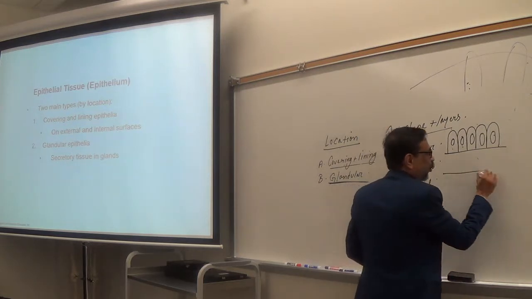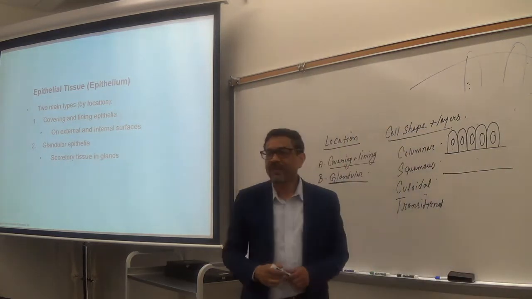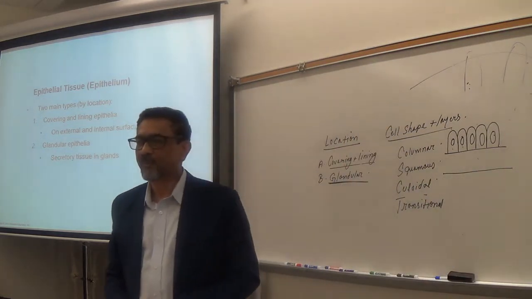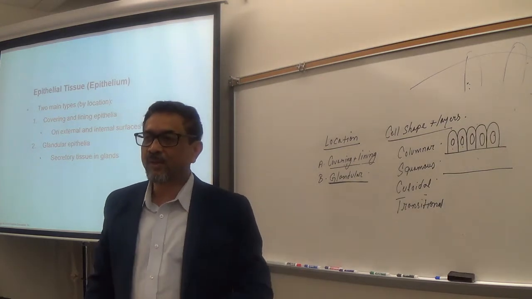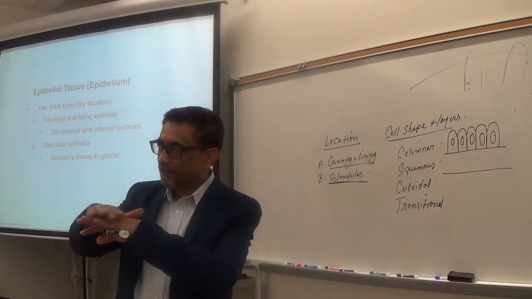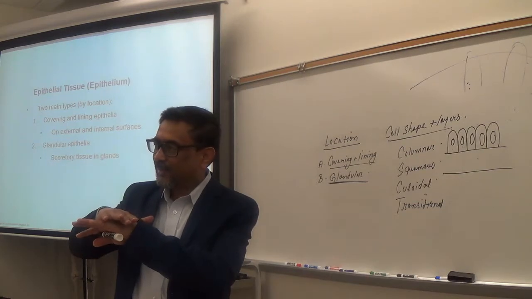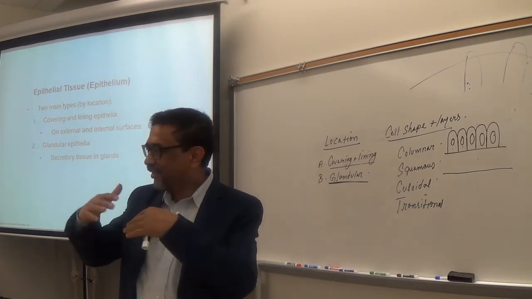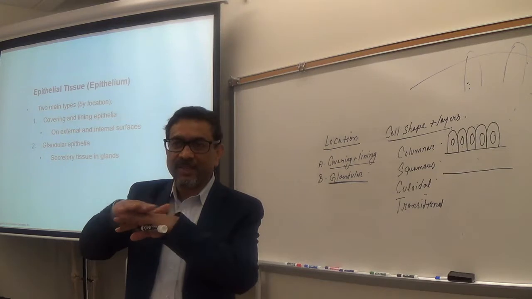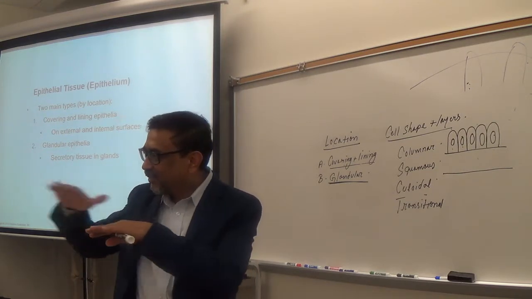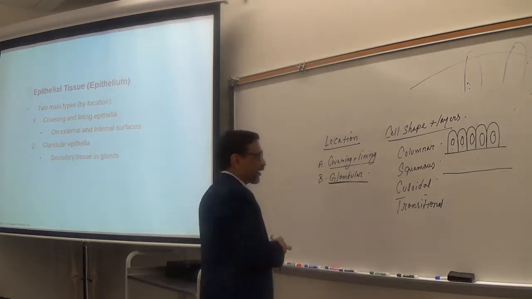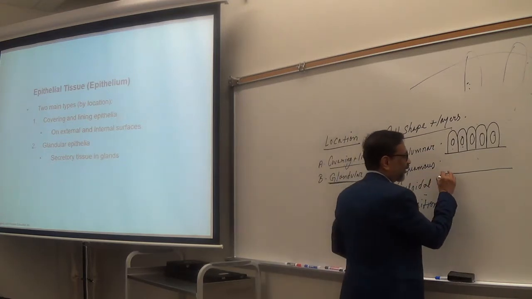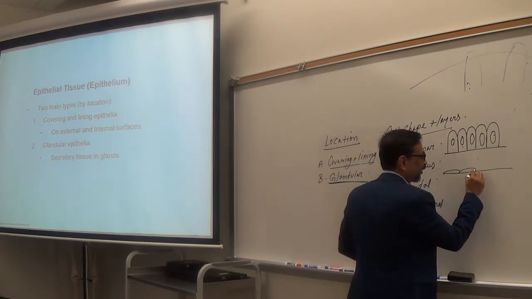Squamous. The word squamous came from the scale of fish. Scale of fish. It's like very thin, right? Flat. So the cells are like that, like flat, like this.